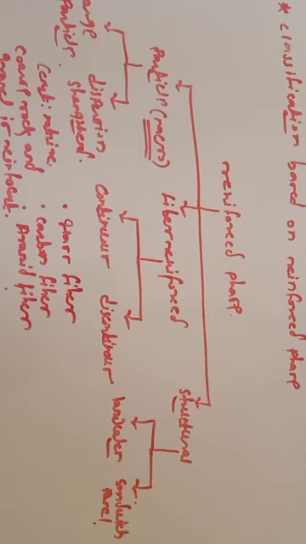We are not going into much detail on this classification, but at least you should know the classification based on the matrix phase as well as the reinforced phase. The particle reinforced example is concrete, the combination of cement and rock or gravel. Small particle aggregates are reinforced into the cement and are considered a particle reinforced phase.